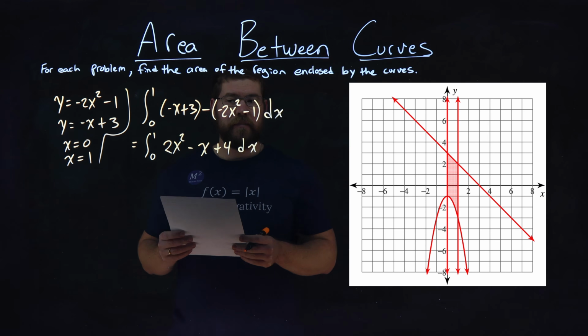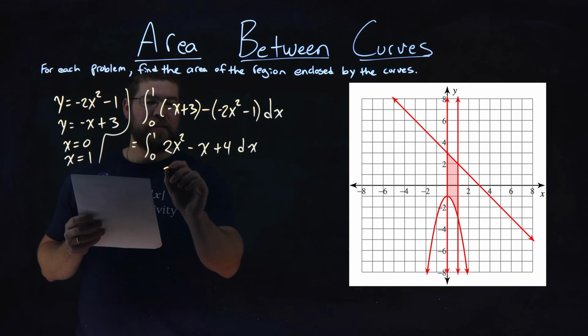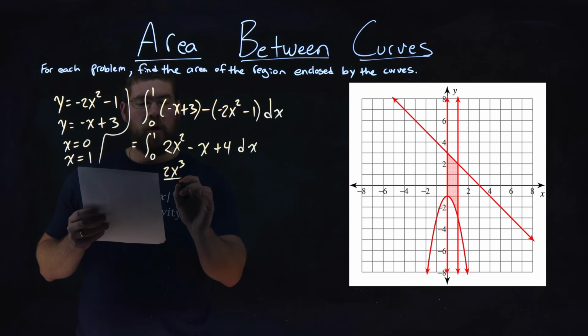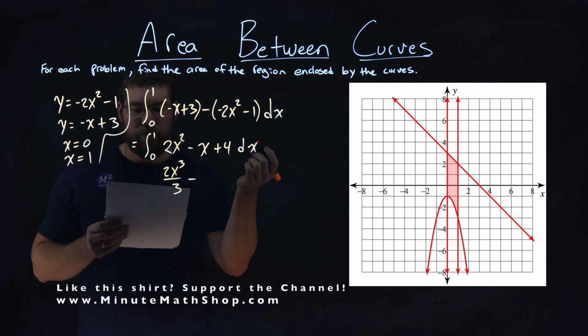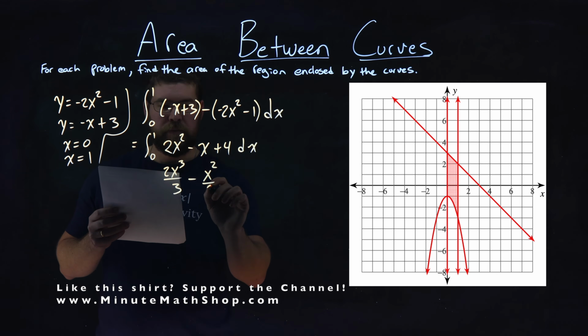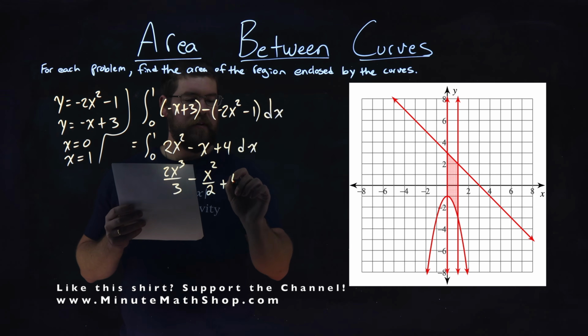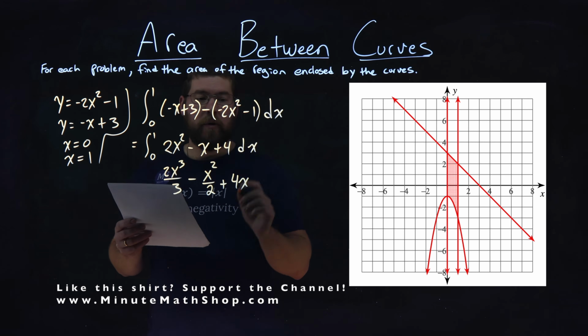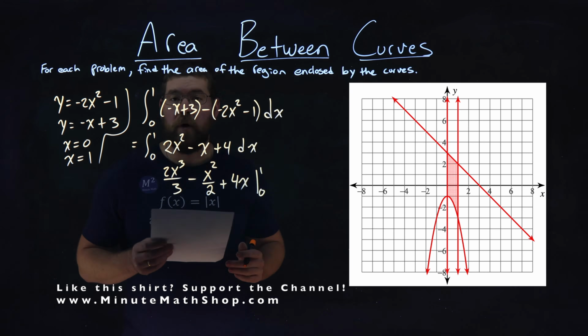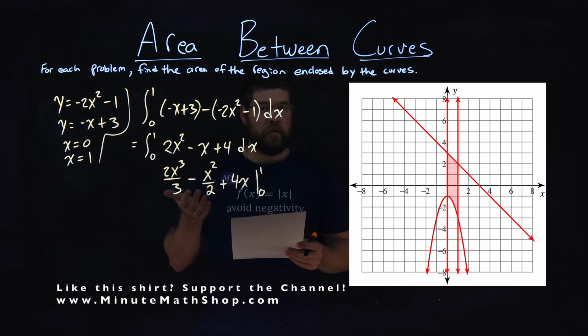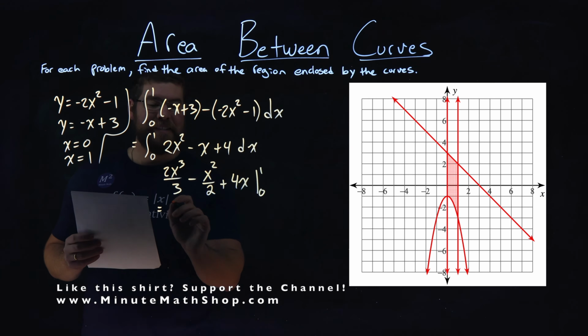Let's go integrate this. The integral of 2x squared is a 2x to the third power over 3 minus integral of x is an x squared over 2 plus integral of 4 is a 4x. And we're going to integrate this from 0 to 1. Well, I did the hard work for you. I plugged 1 in for x and simplified.